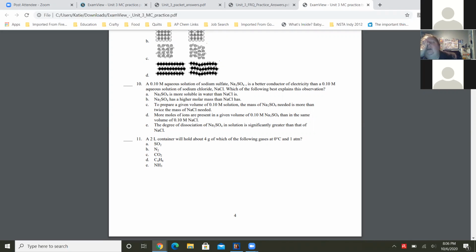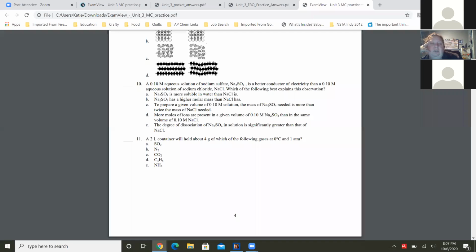One of the shortcuts that we know about STP is that at STP, 1 mole of any gas takes up 22.4 liters of space. So if I convert 2 liters into moles using 22.4 liters, I've got about 0.1 moles of gas.